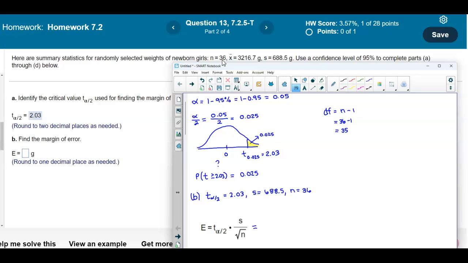So let's find the margin of error. We take the critical t value, 2.03, multiply it by the sample standard deviation of 688.5, and divide that by the square root of the sample size.